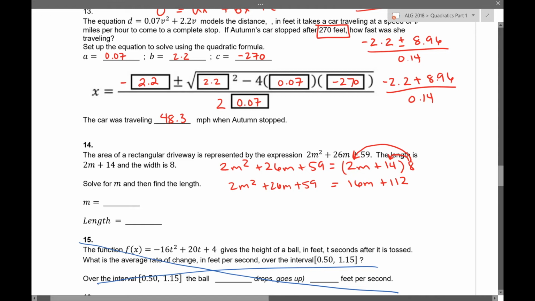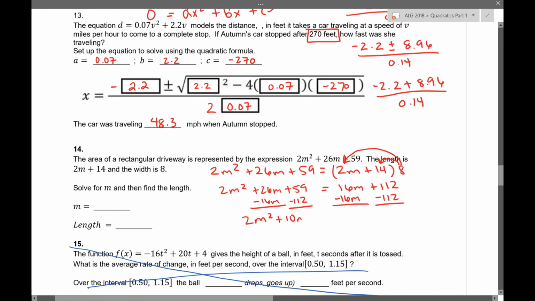So minus 16m and minus 112 on both sides. Remember, I'm trying to make this equal to 0 because all my quadratics will equal 0. So 2m squared now becomes 10m, and this now becomes negative 53, equal to 0.